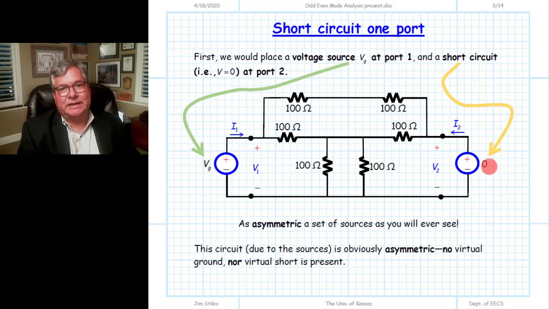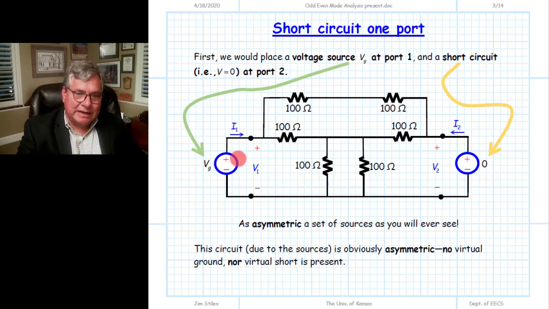The equation V equals 0 describes a zero-valued voltage source, and is likewise the circuit equation for a short circuit. The voltage difference from one terminal to the other across the short circuit must be equal to 0. And so we have a source on either port of this device. On one side, it's a non-zero value VG. On the other side, it is precisely a zero-valued voltage.